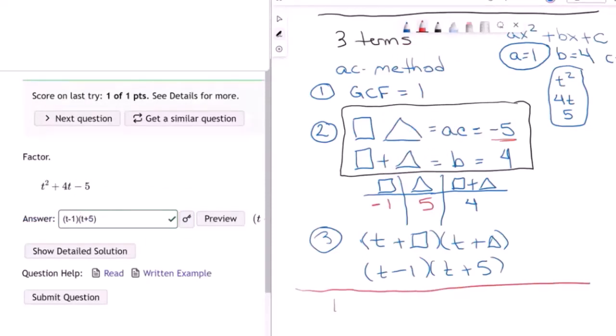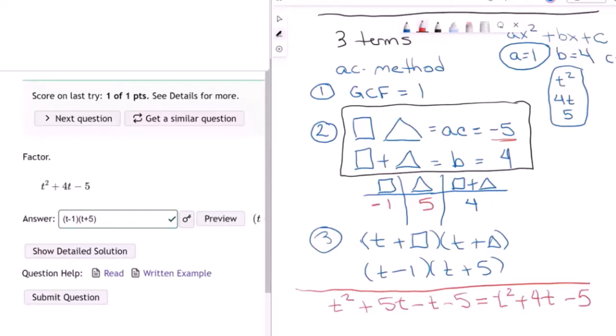First times first, t squared. Outer times outer, 5t. Inner times inner, minus t. Last times last, minus 5. Combine like terms. Positive. And isn't that where I started? Yeah. That means I got it right.